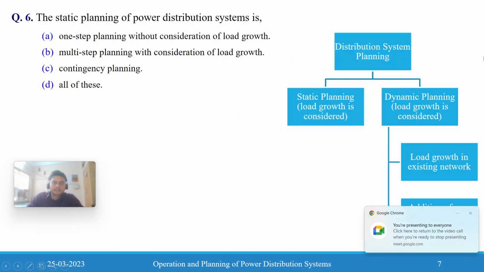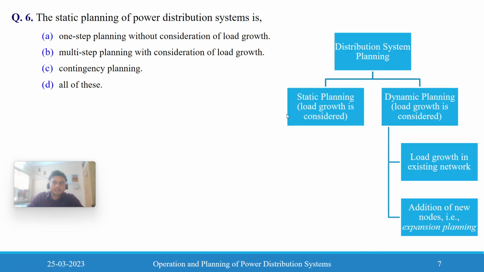So if we broadly categorize distribution system planning, we know that these are divided into two types, static planning and dynamic planning. Static planning is that in which load growth is not considered, while dynamic planning is that in which load growth is considered, and it is again classified into two types.